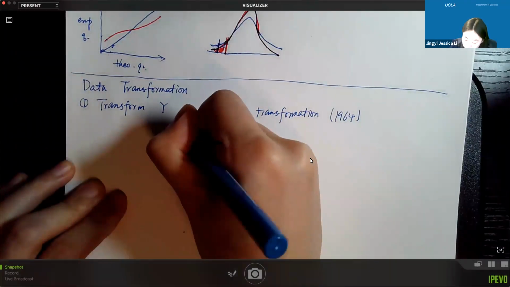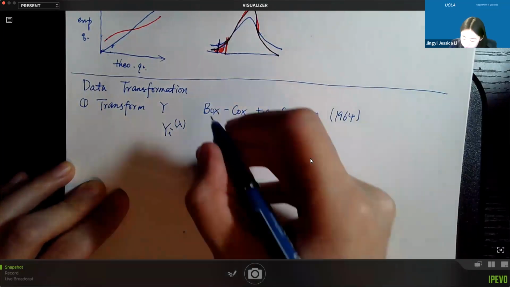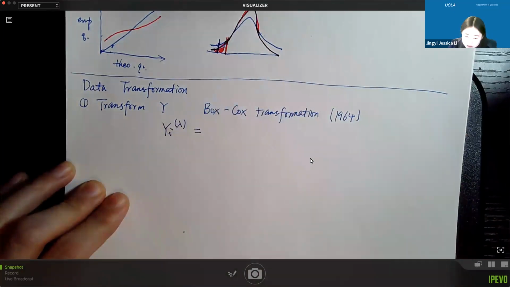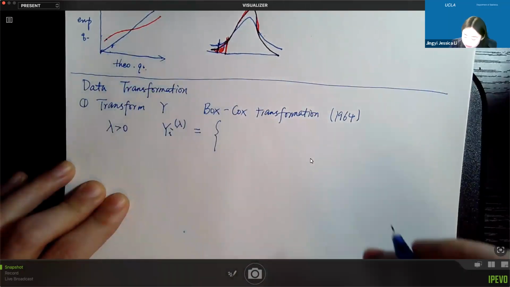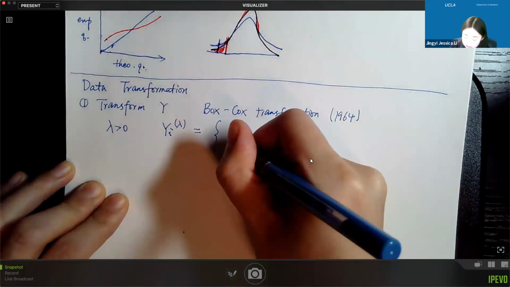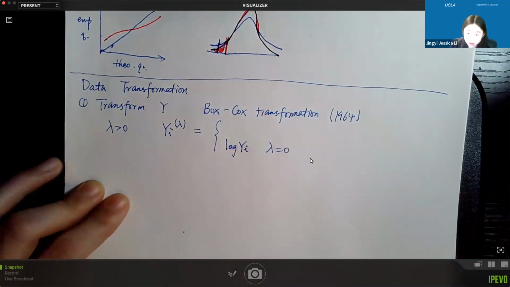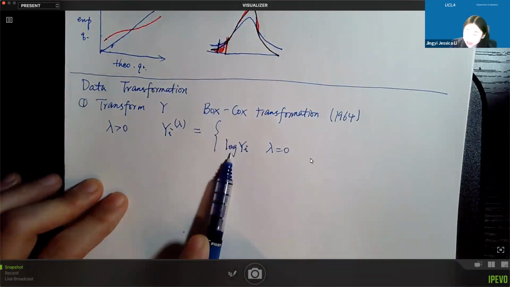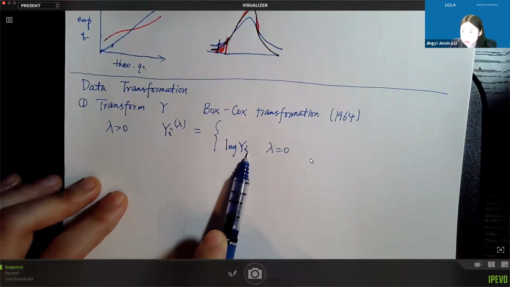By introducing another parameter lambda, for each lambda you can consider a transformation. It gives us a special case for lambda being 0. In this case, you would just transform y_i by taking the log. But of course, if you want to take the log, you need to first make y_i positive, otherwise the log transformation will be invalid.